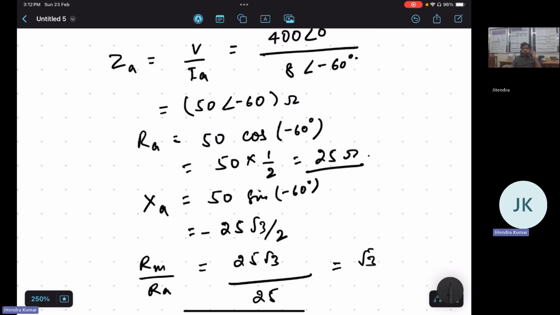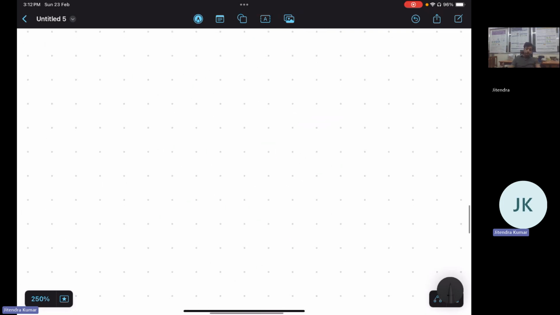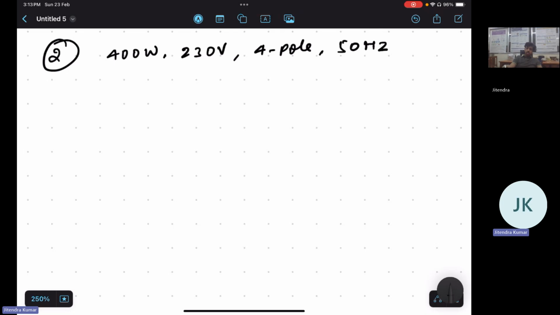If not, then let us move towards the second problem. A 400 watt, 230 volt, 4 pole, 50 hertz single phase induction motor with capacitor start.